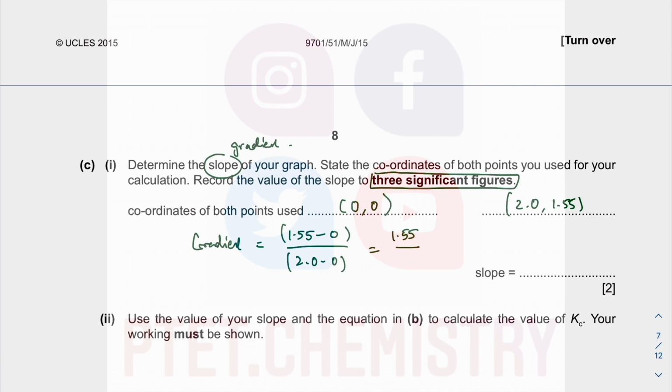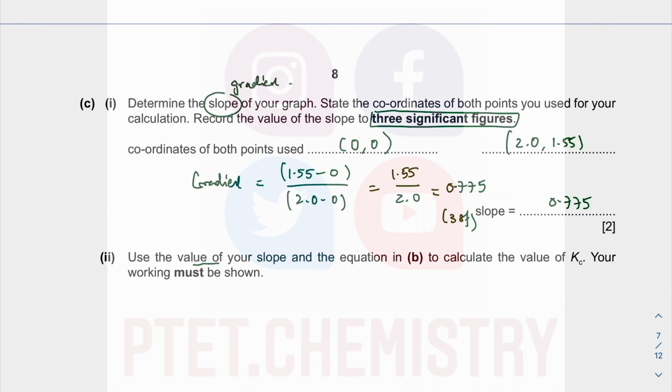Use brackets in your calculation, because brackets are very, very important. I get that exactly. That is 2.33 significant. You might get more decimal places, but it's just down to what value you use. Doesn't matter really. Calculate the gradient, make sure it's 3 significant figures, and that's it.